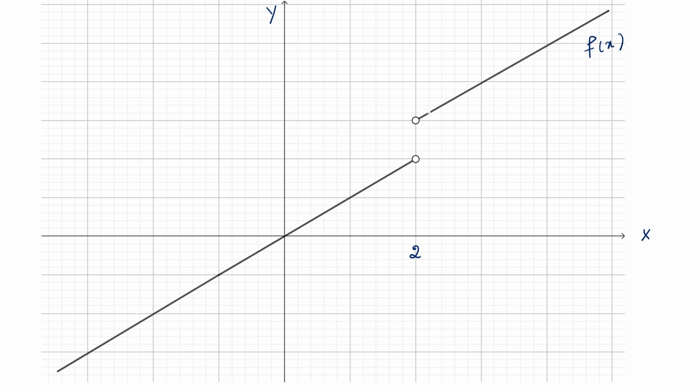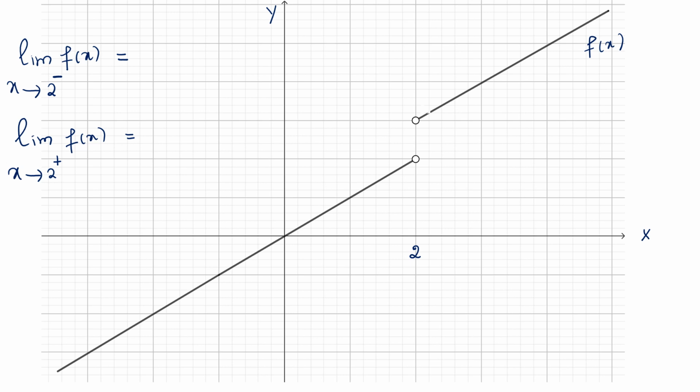So what are we going to find? The limit of f of x when x tends to 2 from the left side, what is this value? The limit of f of x when x tends to 2 from the right side, what is this value? If these two are equal, then we have to think about the next step.